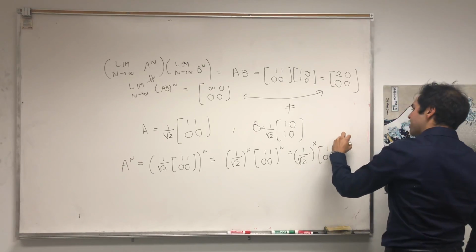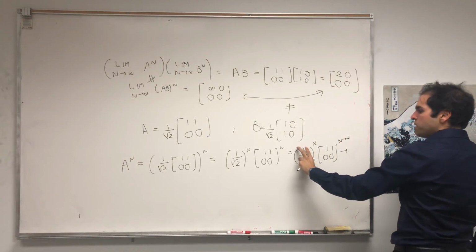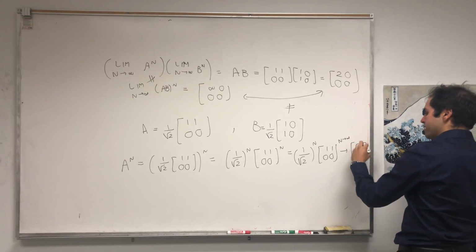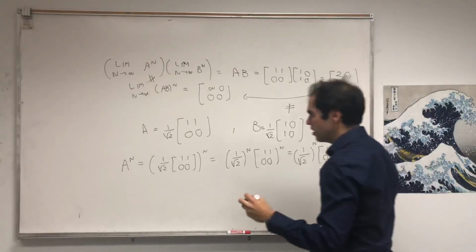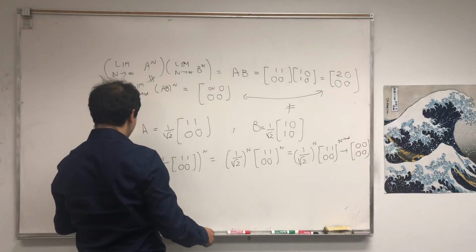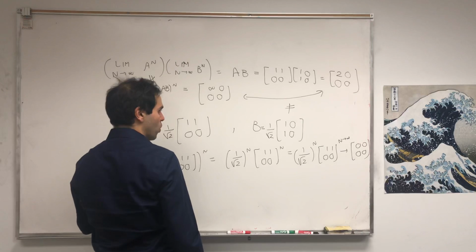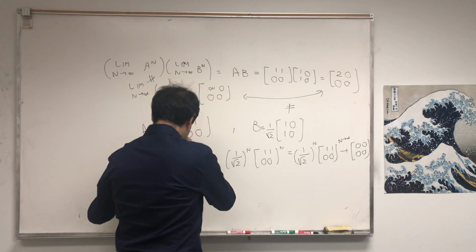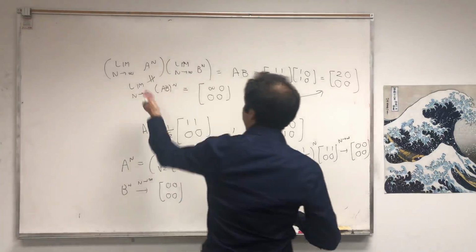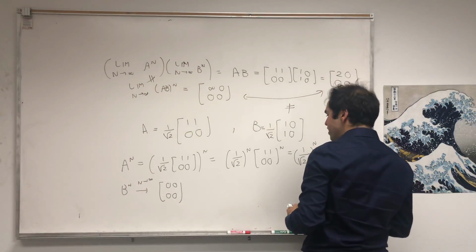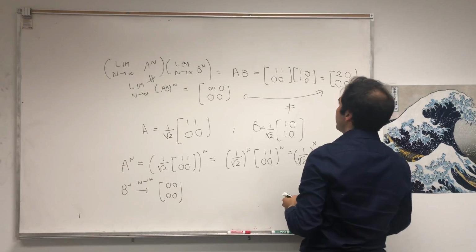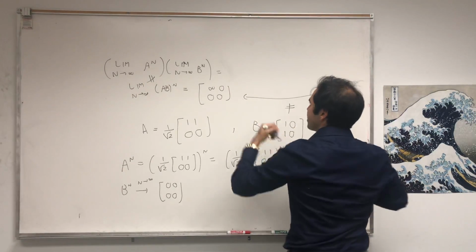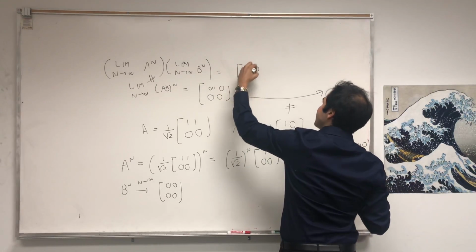In particular, if we let n go to infinity, this becomes 0 times this matrix, which gives you the 0 matrix. And similarly, B to the n goes to the 0 matrix as well. So in this case, the limit of A to the n times the limit of B to the n just becomes the 0 matrix times the 0 matrix, which is the 0 matrix.